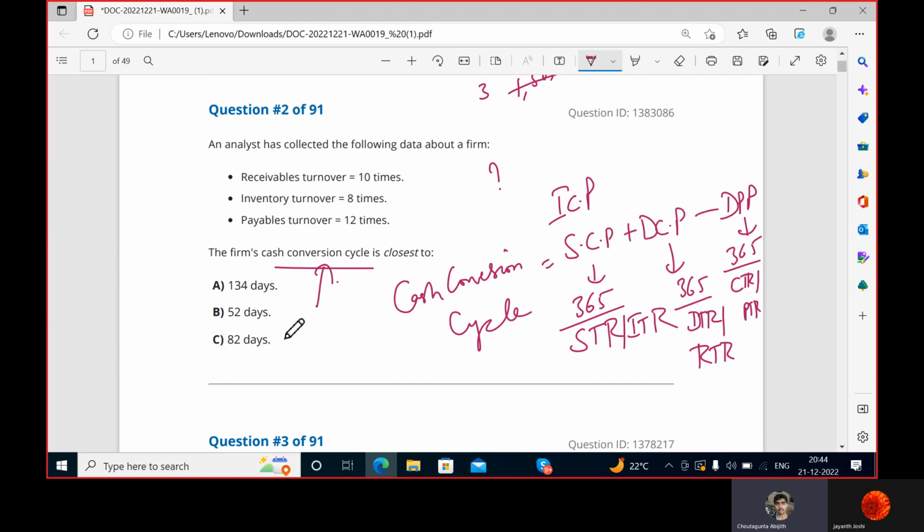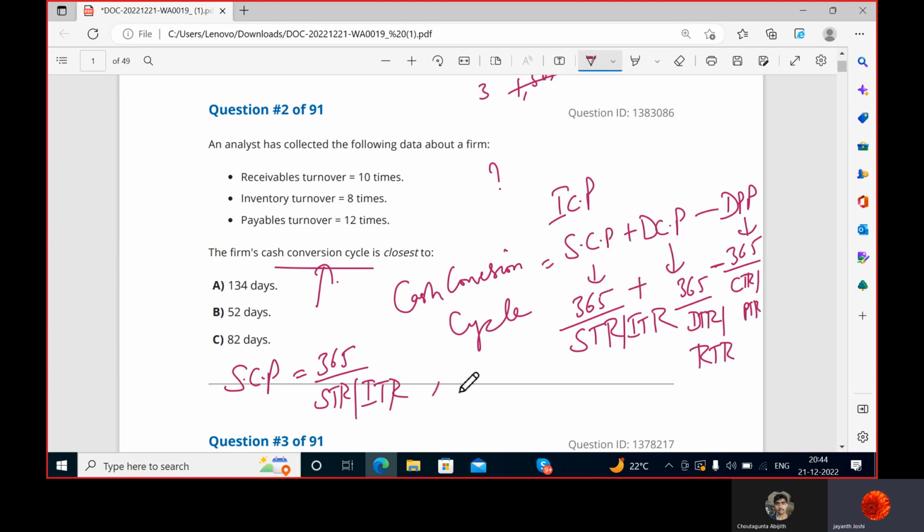For stock conversion period, I have to do 365 by stock turnover ratio. This is kind of revision I'm doing for you, so you remember the formulas from now onwards. Stock conversion period is 365 days divided by 8, the stock turnover ratio or inventory turnover ratio.